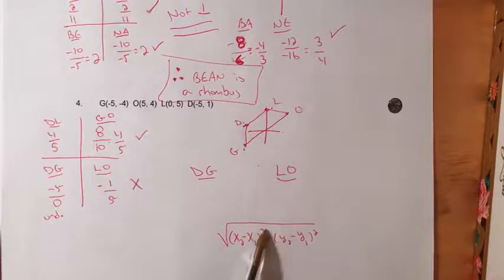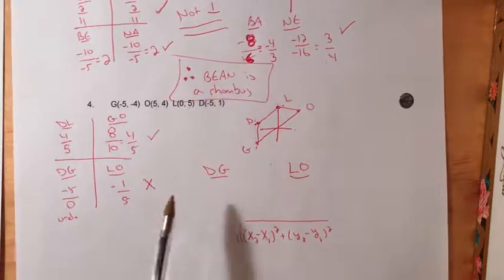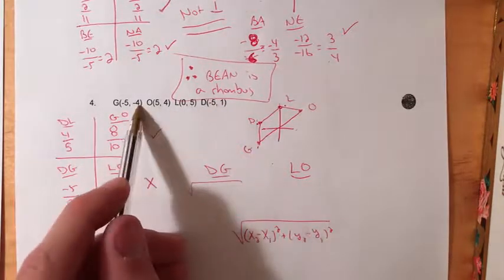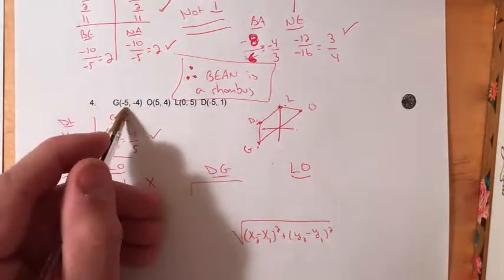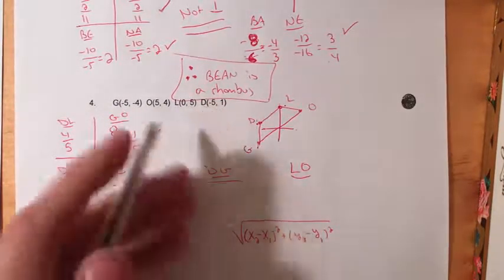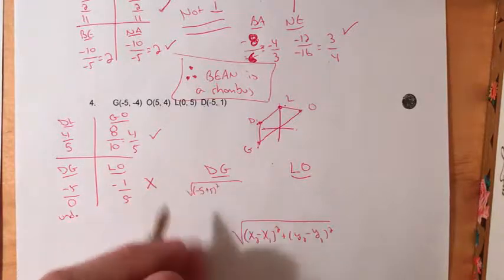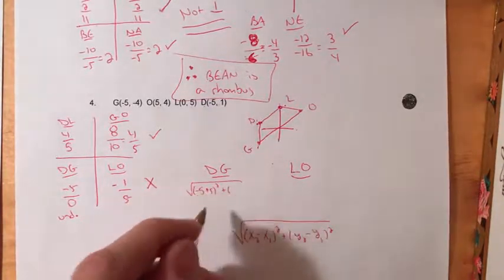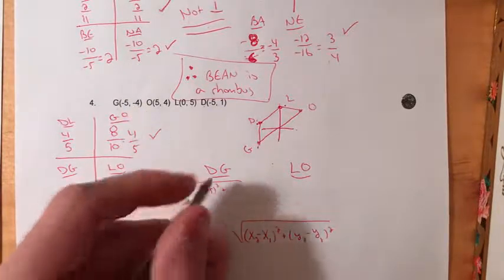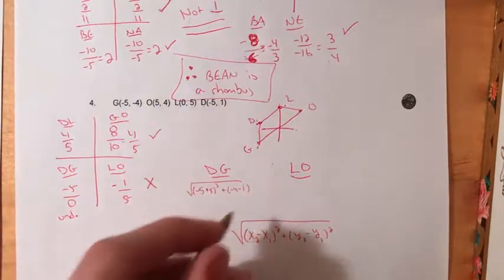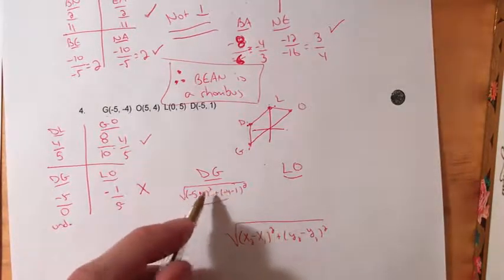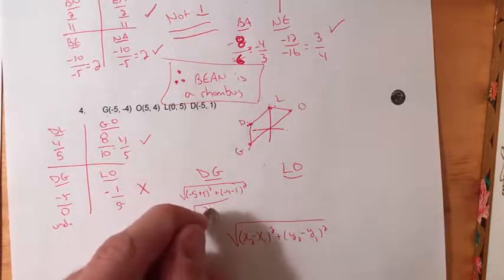So, changing x's squared, changing y's squared. For DG, I have the square root of, we can do x's first, negative 5 minus negative 5 is 0, squared, plus my y's, negative 4 minus 1 squared, which is the square root of 0 squared, which is 0, plus 5 squared is 25.